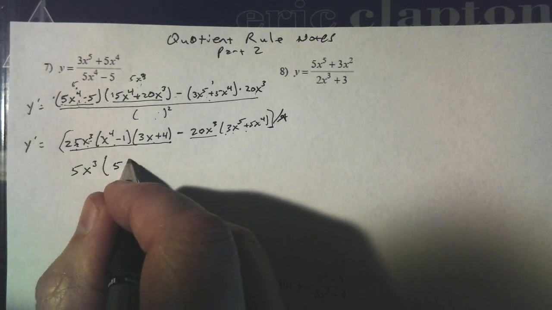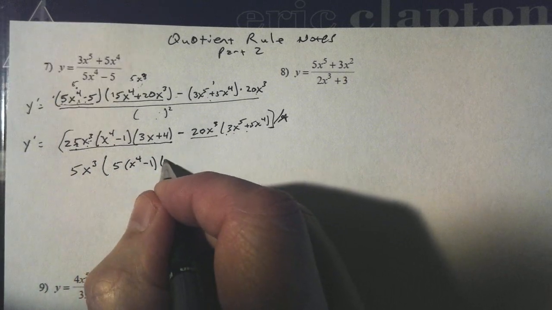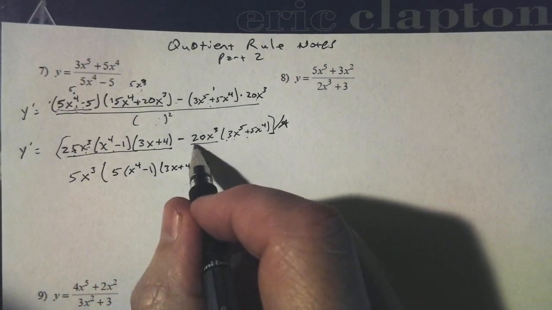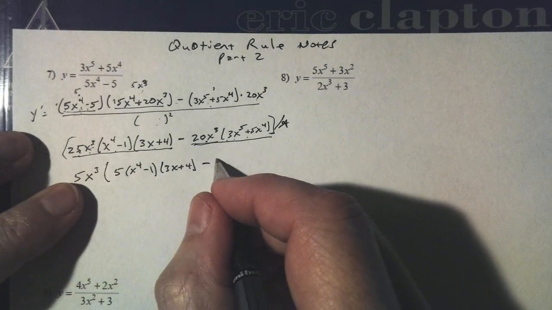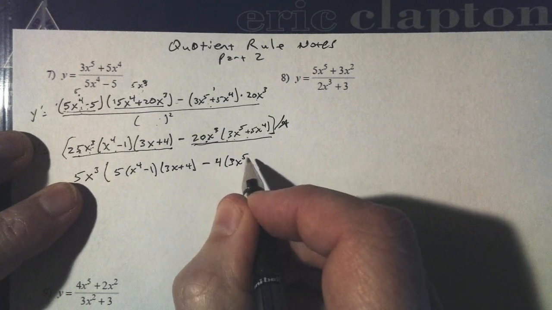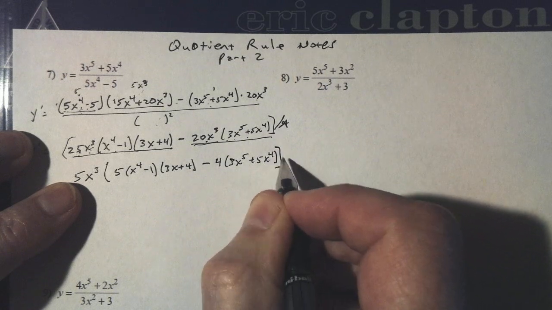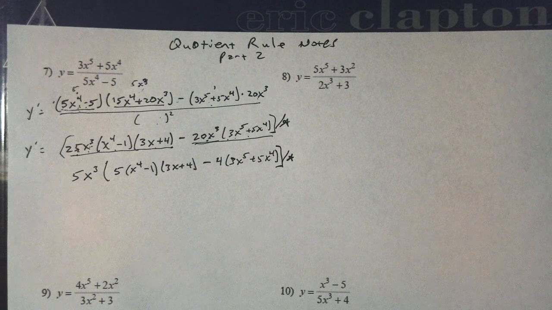I'm just left with 5 times x to the fourth minus 1 times 3x plus 4 minus, from this big term, I take out 5x cubed. I'm left with 4 times quantity 3x to the fifth plus 5x to the fourth. All on star.